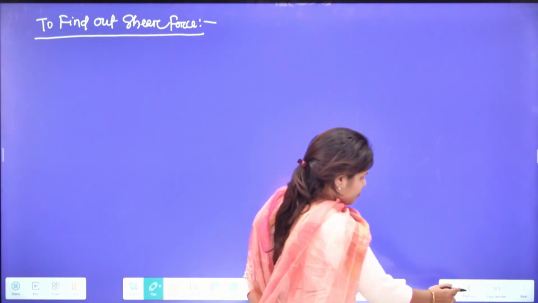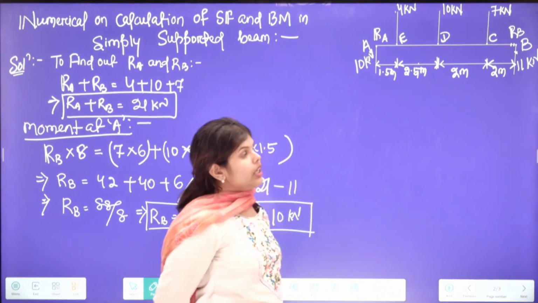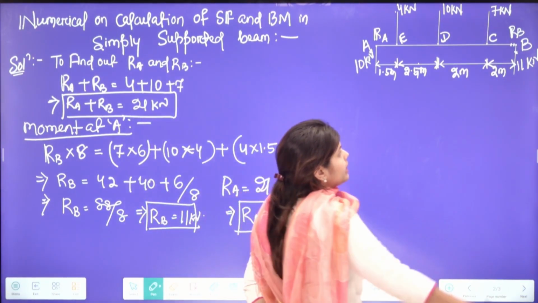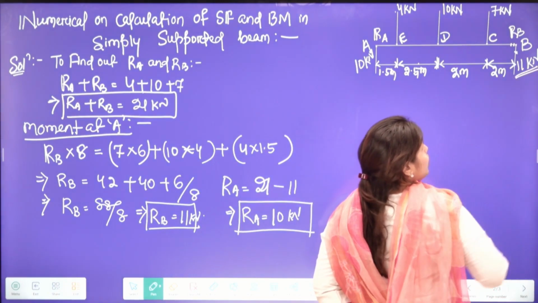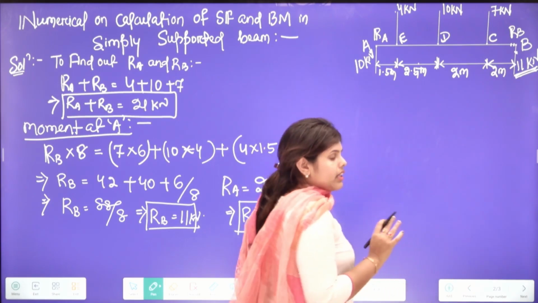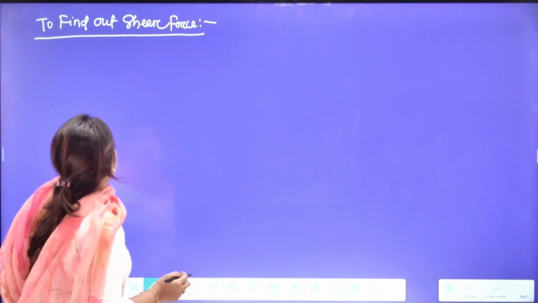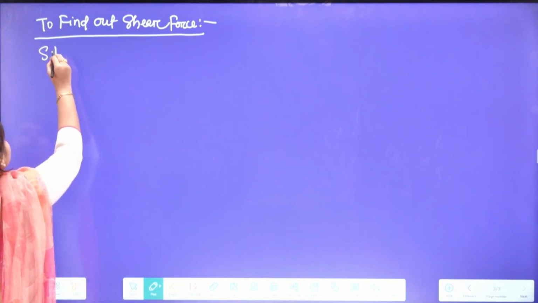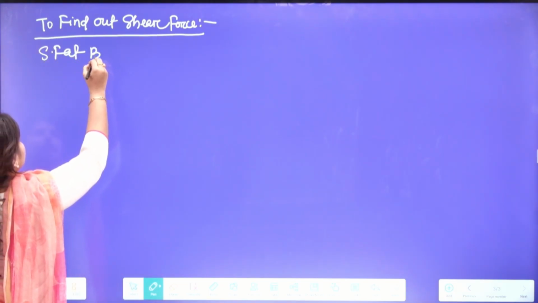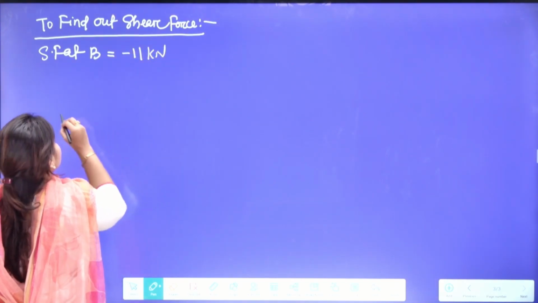We have the reaction force here at point B. At point B we have 11 kilonewton, and as it is in this direction, we will have minus 11 kilonewton. Shear force at B is equal to minus 11 kilonewton.